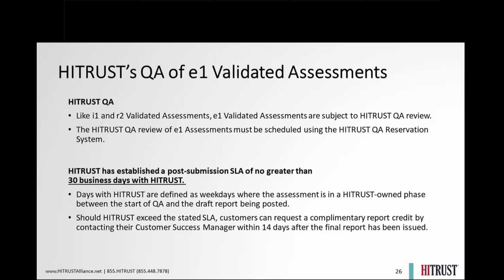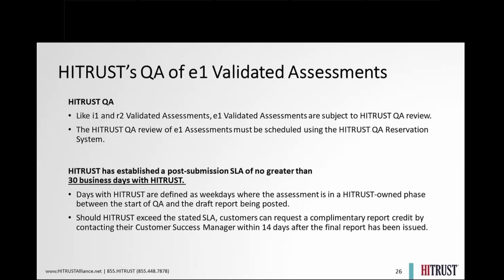And this is something unique to the E1, although there is an SLA on the I1. Uniquely on the E1, we're offering a 30 business days with HITRUST SLA post-submission. And on the I1, we also offer an SLA, it's 45 days instead. But what this means is after the body of assessment documentation is submitted to HITRUST, the ball will not be in HITRUST's hands more than 30 business days.